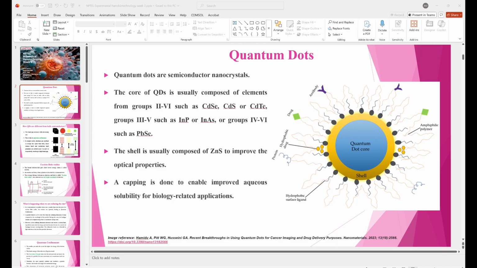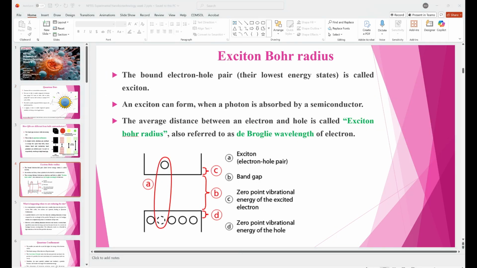What does it mean? Here we go back again. You can see this red line is showing your exciton Bohr radius, the average distance between the electron hole pair. So if the quantum dot size is smaller than twice the size of its exciton Bohr radius, what is happening?